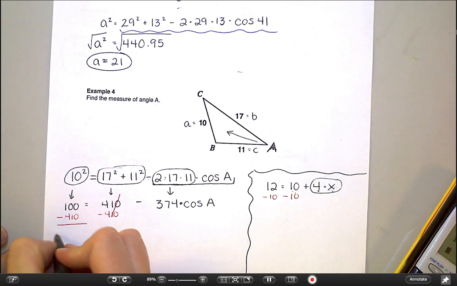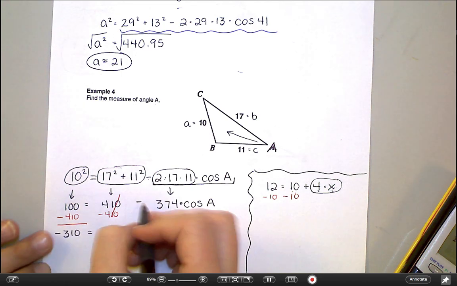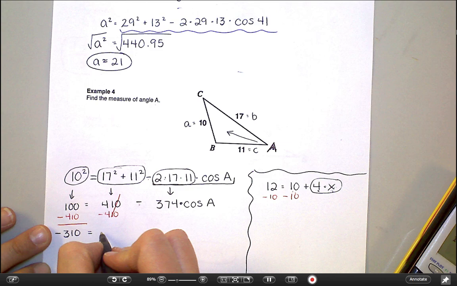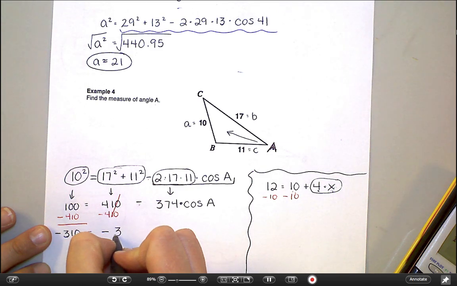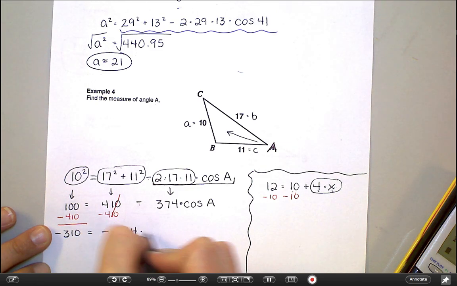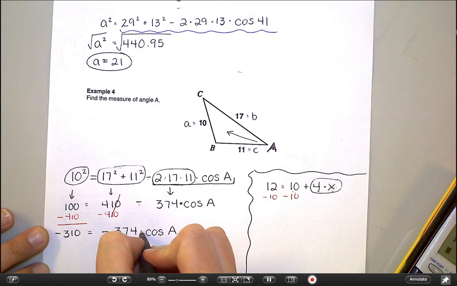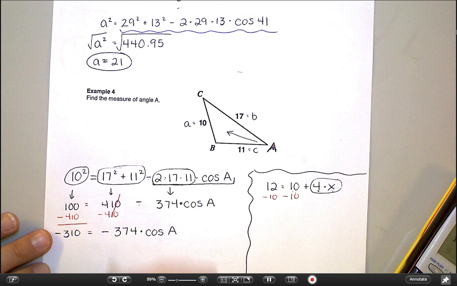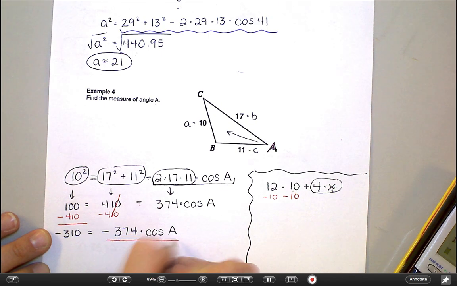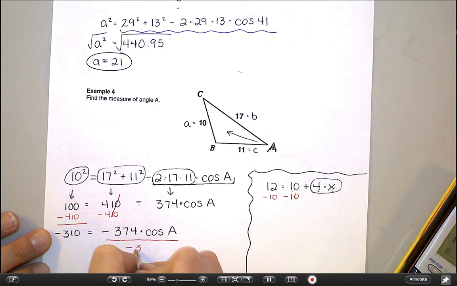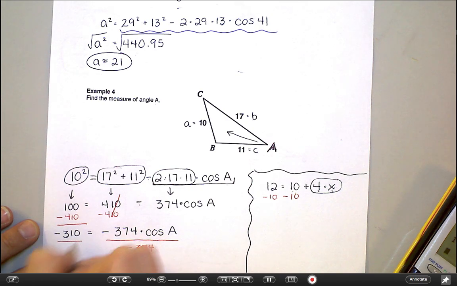Negative 310 equals, don't lose that negative sign, negative 374 times cosine A. And then, because this is multiplication, now I can get rid of that negative 374 by dividing. And divide here.